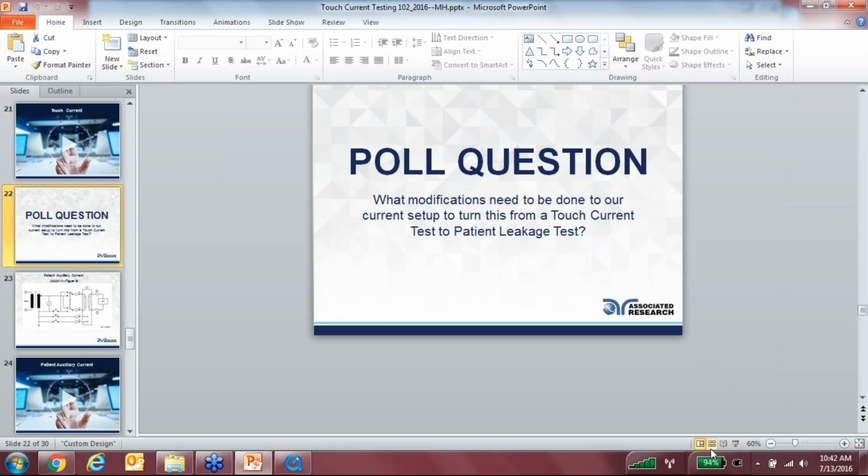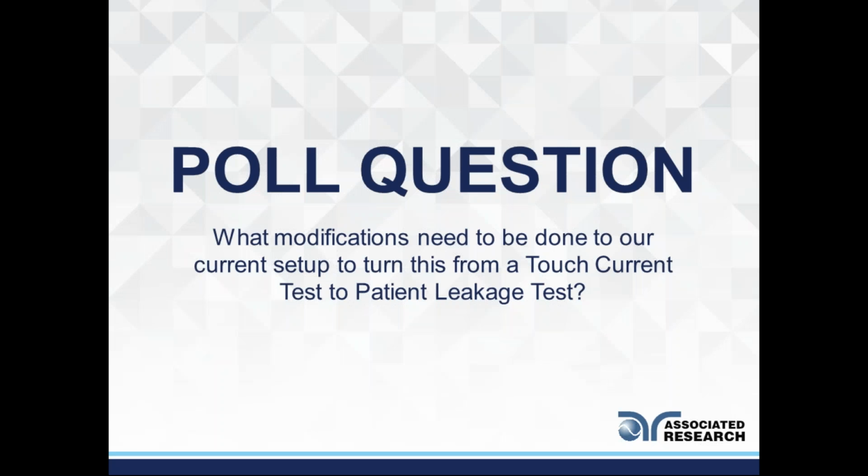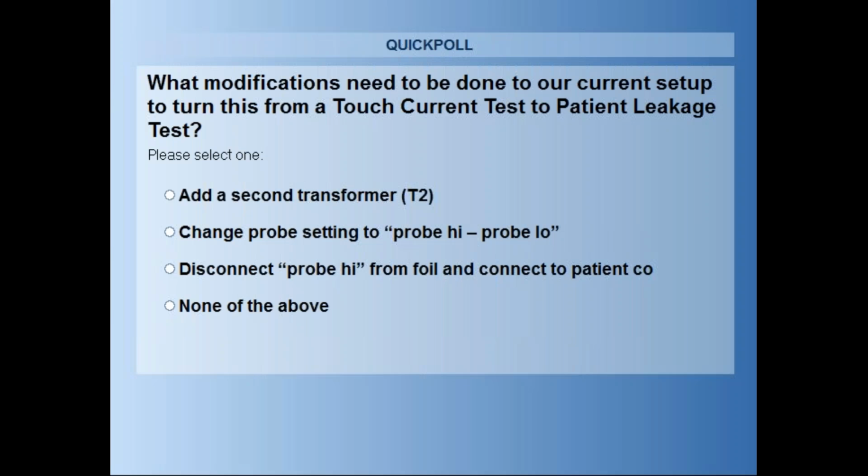So before I continue that video, I kind of wanted to do a poll question. Let's see how we're doing on understanding what's going on here. I just did touch current, correct? So now, what modifications need to be done to our current setup to turn this from a touch current to a patient leakage test? So I'll let Allison open up this poll question.